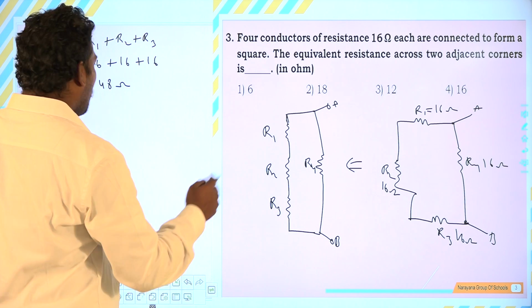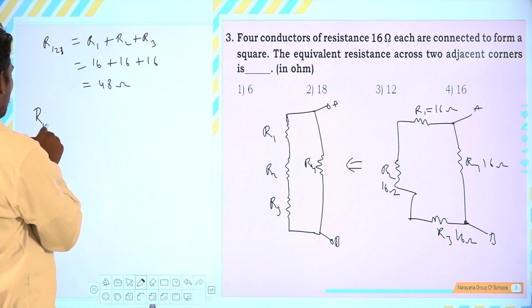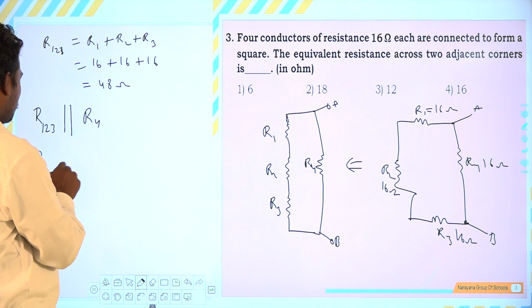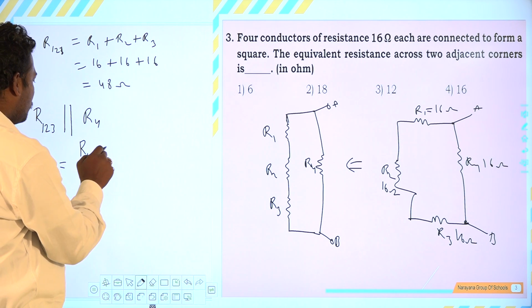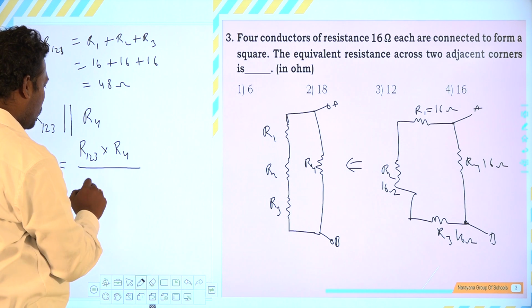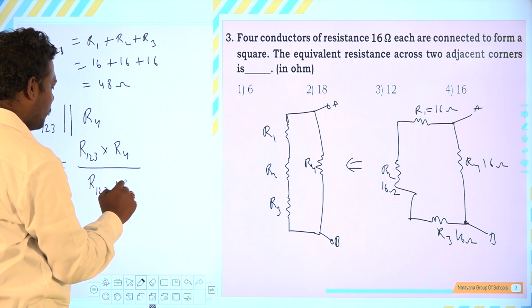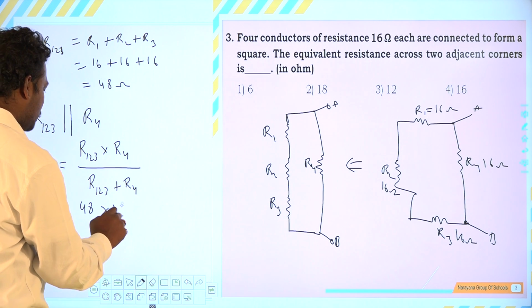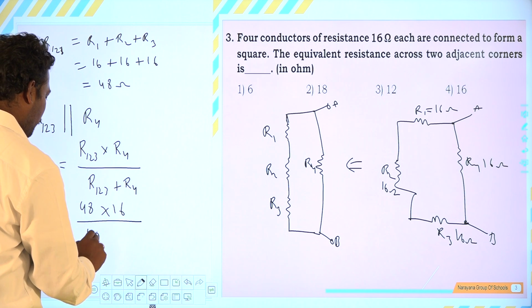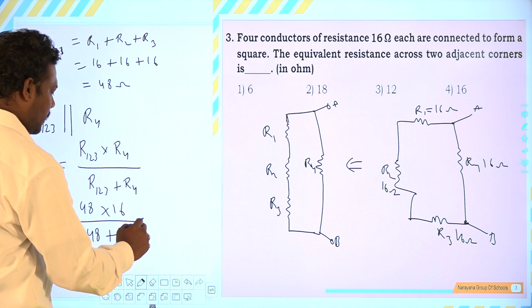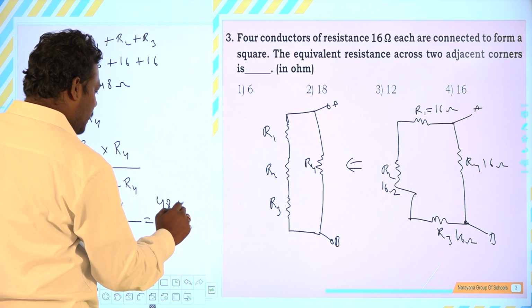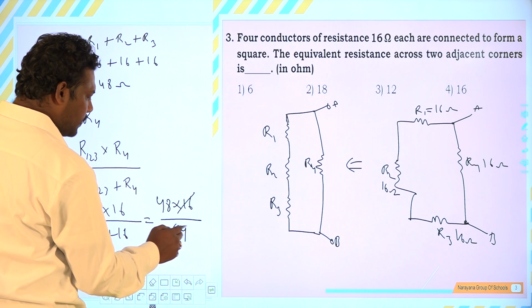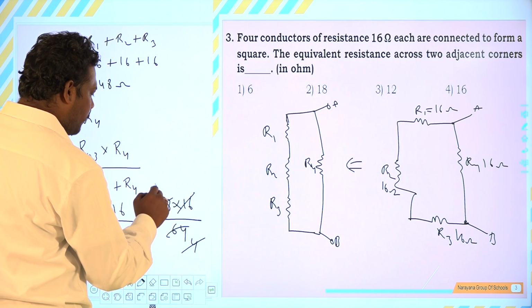And R123 is parallel to R4. So total resistance of the circuit will be R123 into R4 by R123 plus R4. Now 48 into 16 by 48 plus 16, which is 48 into 16 by 64, which gives 12.